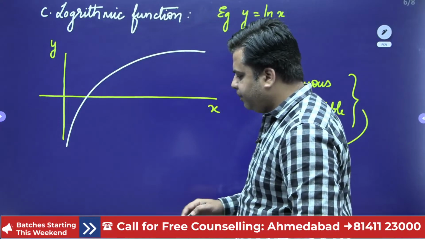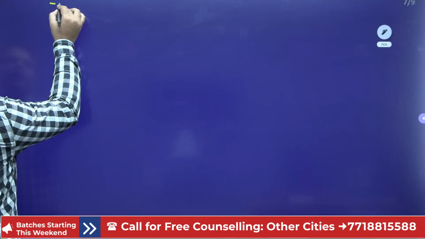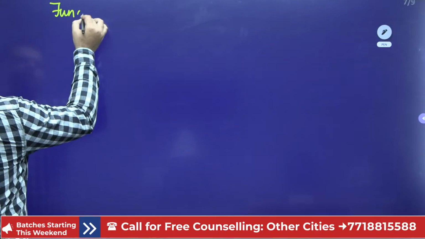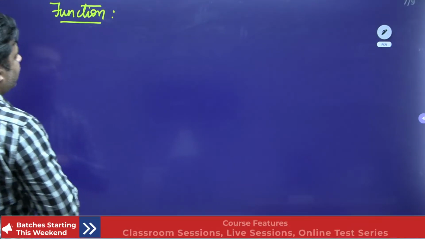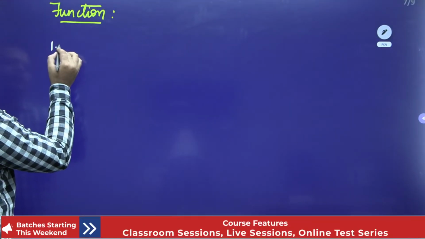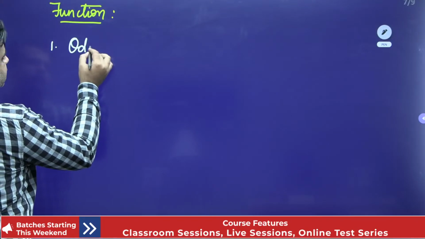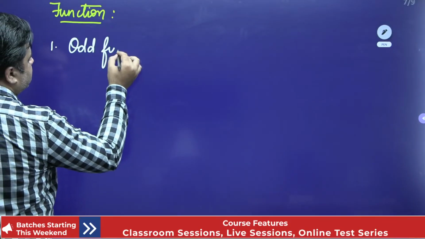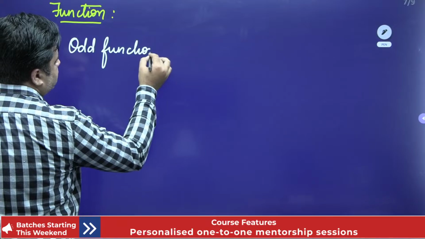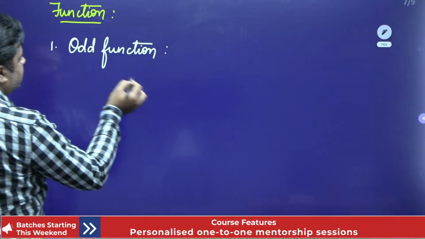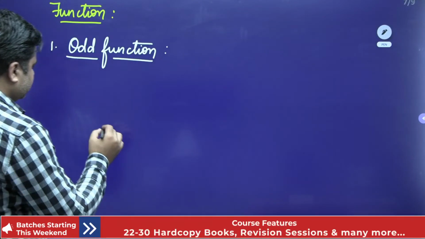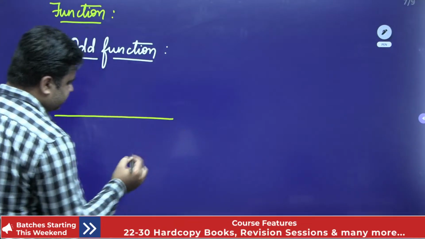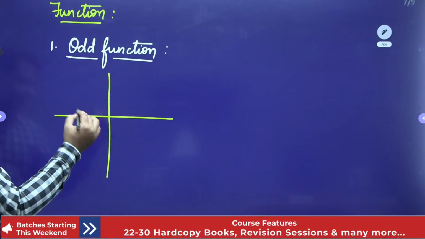Now, after reading about all these curves, the next differentiation between functions is, we have two varieties of functions. First one is the odd function. Now, what is an odd function? Suppose you have a curve like this, right?